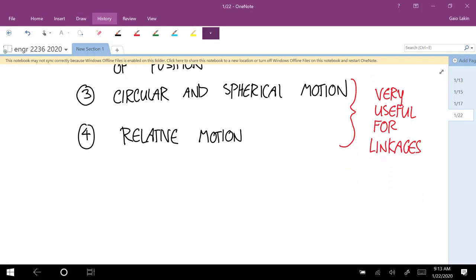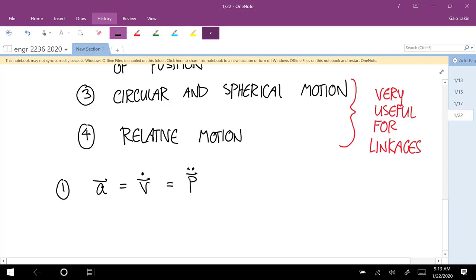Okay, so the first one is the derivative relationships that says the acceleration is the time derivative of the velocity, is the time derivative of the position, or acceleration is the second time derivative of position.